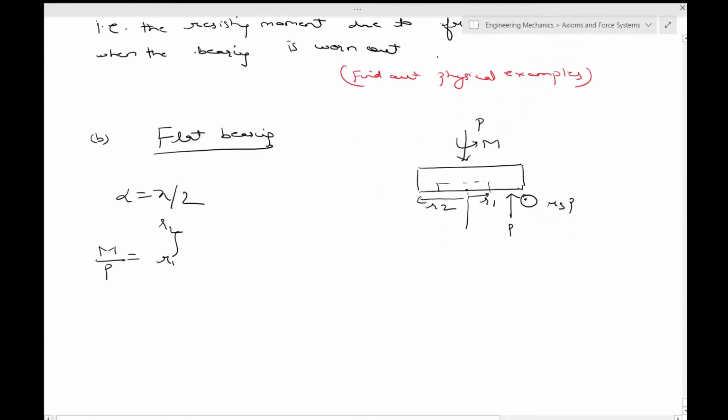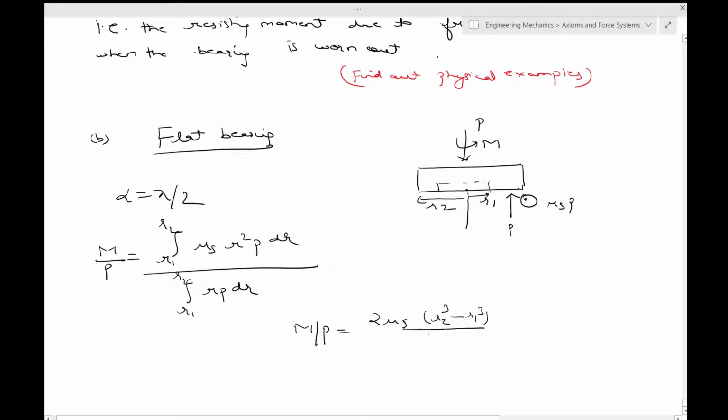So that should become the integral of mu s r square p dr from r1 to r2, and the integral of r p dr. Just apply the integrations, and M by P would again be 2 mu s by 3 times r2 cube minus r1 cube over r2 square minus r1 square.